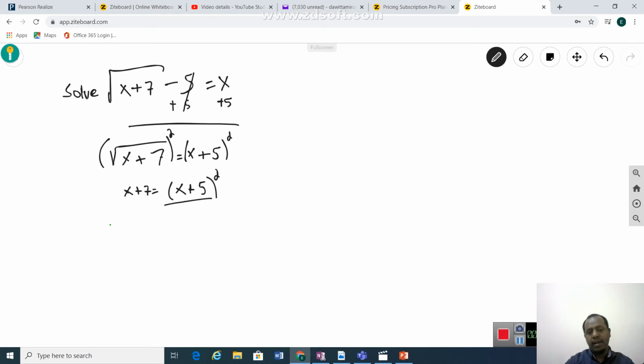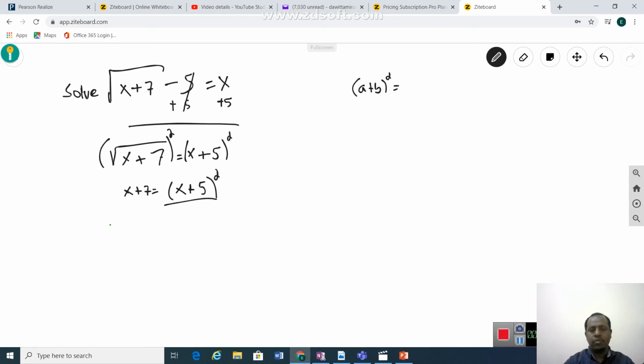Now as you can see here, I have a binomial expression. So how can I simplify this binomial expression? If you remember from our previous lesson, when we discussed a binomial expression, we saw this formula: a plus b the whole square, which is a perfect square trinomial.